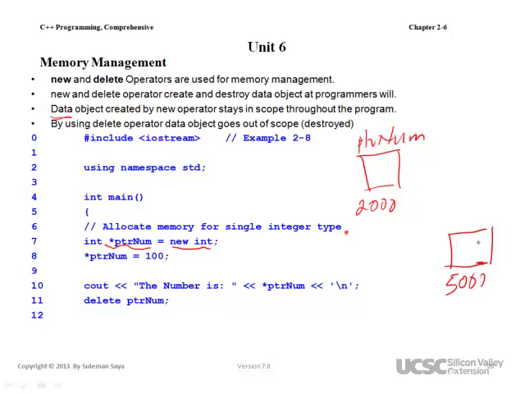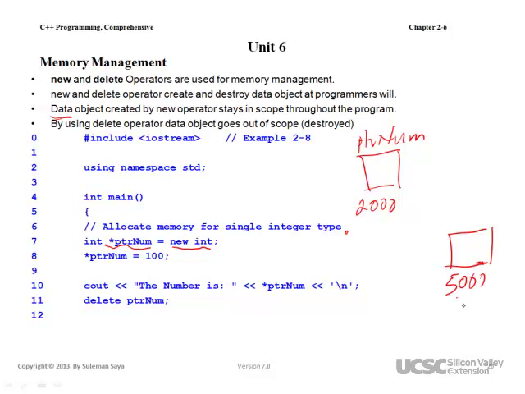The one thing is that when you allocate the memory using a new operator, the new operator's responsibility is to get the address of the memory that it allocates, pick that address up, and assign it to the pointer variable, which is on the left side of the assignment operator.